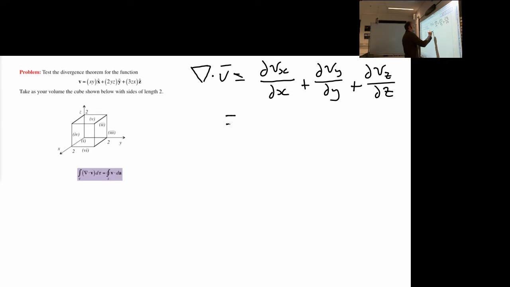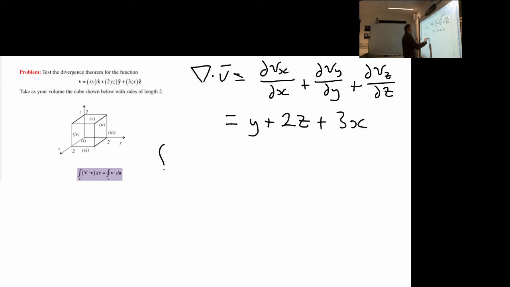So for the above function, what we get is y plus 2z plus 3x. So now we must integrate this over our infinitesimal volume element.